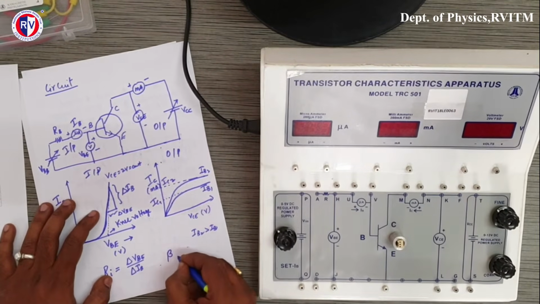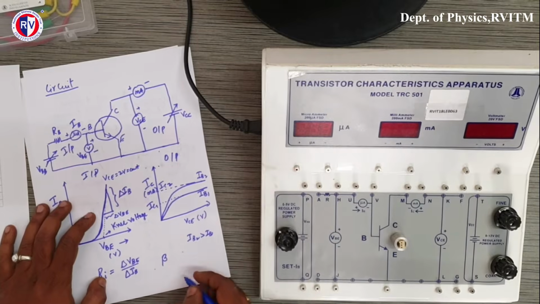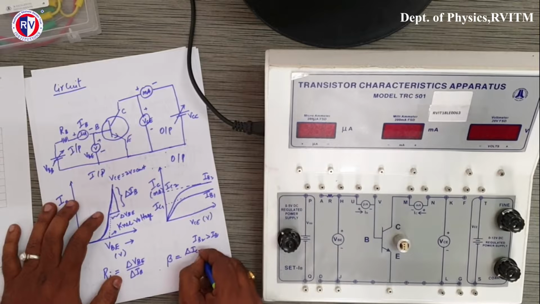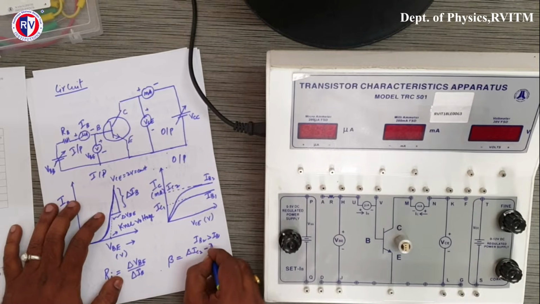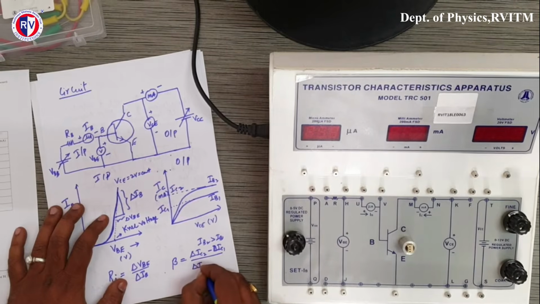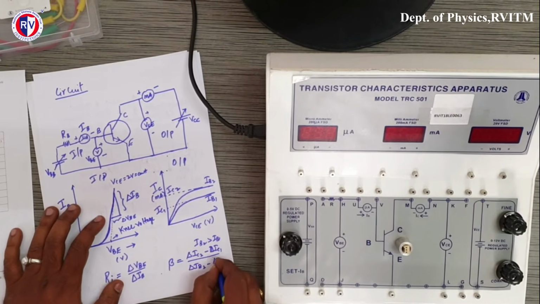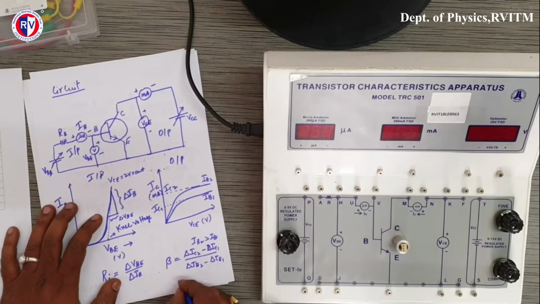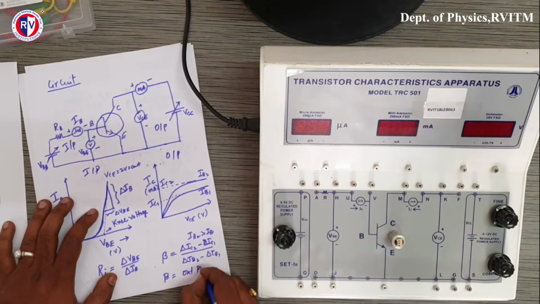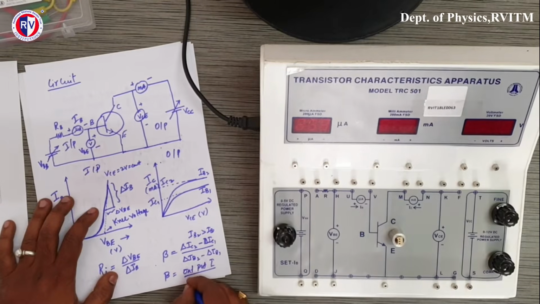Therefore the current gain, which we call beta, is equal to IC2 minus IC1 divided by IB2 minus IB1. So basically, gain is equal to output current divided by input current.